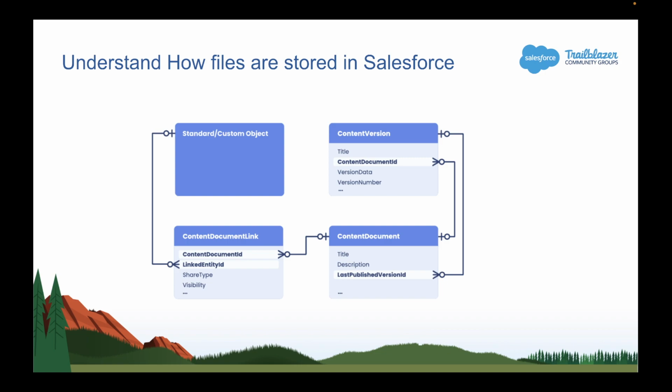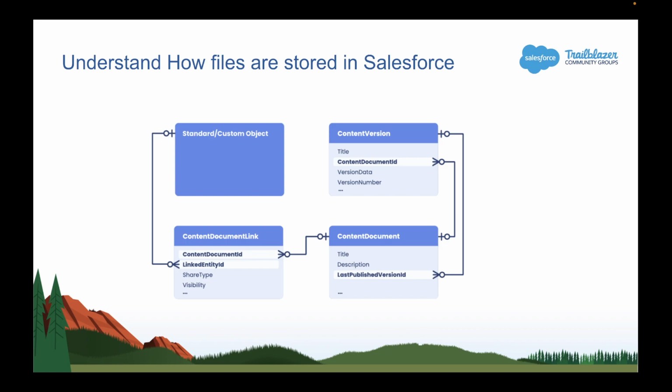Moving down to the first one, you all know we use standard and custom objects for our business use cases, for our businesses to store valid data. Then we have content version. In content version, basically we will store your files and your data.